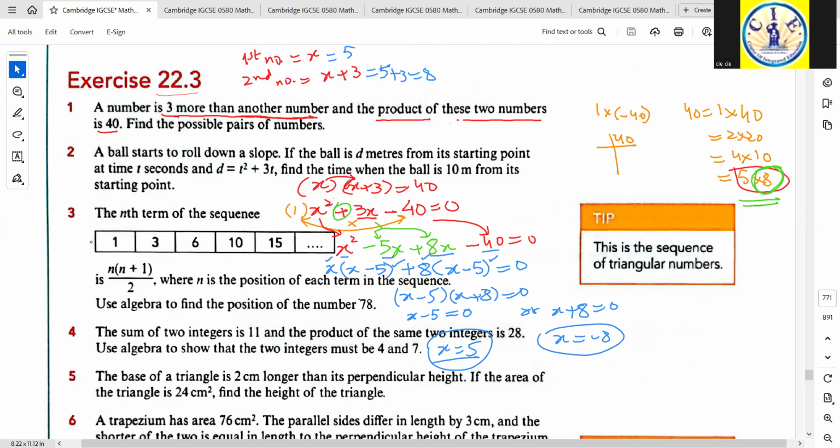And if the number chosen is negative 8, if x is negative 8, then the other number is x plus 3, that is negative 8 plus 3, that is negative 5.